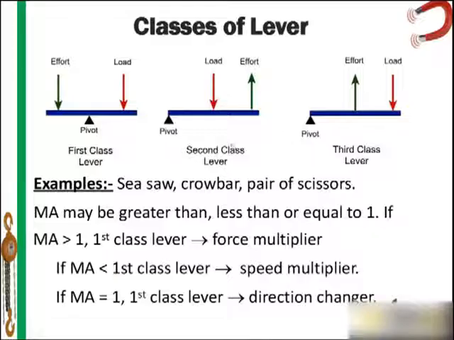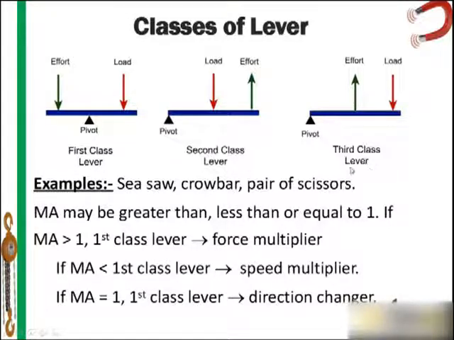When we move on to the second class lever, you can see that the pivot is located at one end of the lever, and at the other end we have the effort force, acting in the upward direction as illustrated by the green arrow. The load force, represented by the red arrow, is acting downwards somewhere in the middle of the lever.